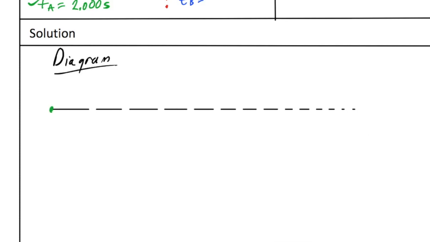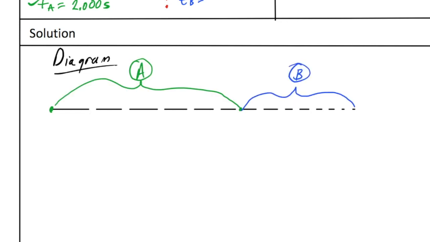Okay, so now let's say section A starts here when we're going fastest, and the end of section A is somewhere over here. So all of this is section A. Then that means the remainder is our section B. So right here, that's our VB1. And we know that value to be, actually, I apologize, we don't know what that value is. That's one of the things we need to find.